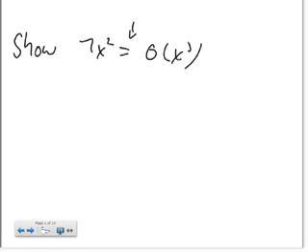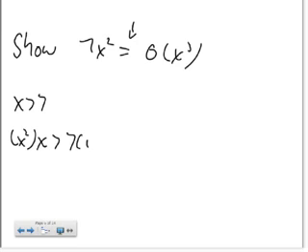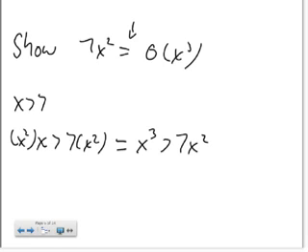But to show this, one thing you can notice is that when x is greater than 7, if you multiply the two sides of this inequality by x squared, you get that x cubed is greater than 7x squared.